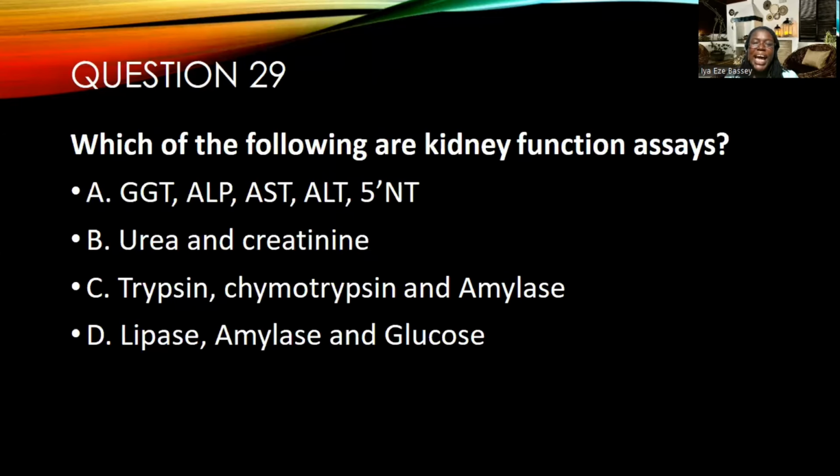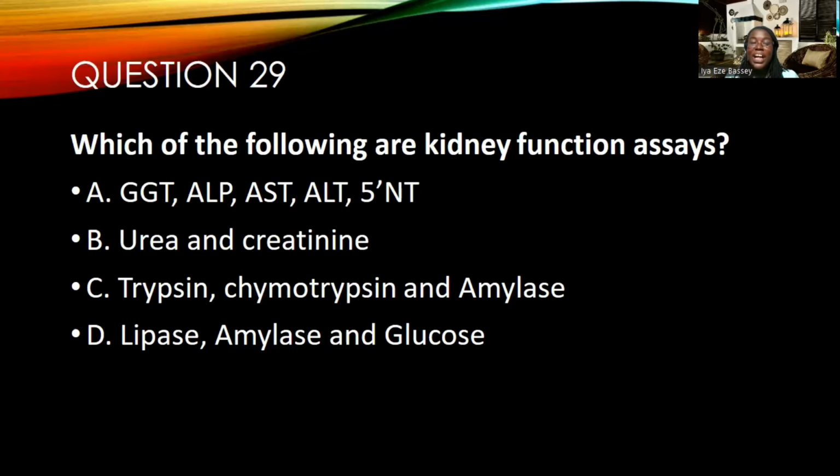So, question 29. Which of the following are kidney function assays? A, GGT, alkaline phosphatase, aspartate aminotransferase, alanine aminotransferase, 5' nucleotidase; B, urea and creatinine; C, trypsin, chymotrypsin, and amylase; D, lipase, amylase, and glucose. So which one is your answer?